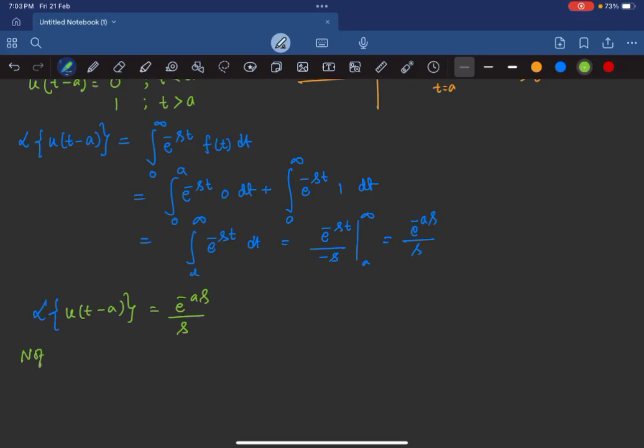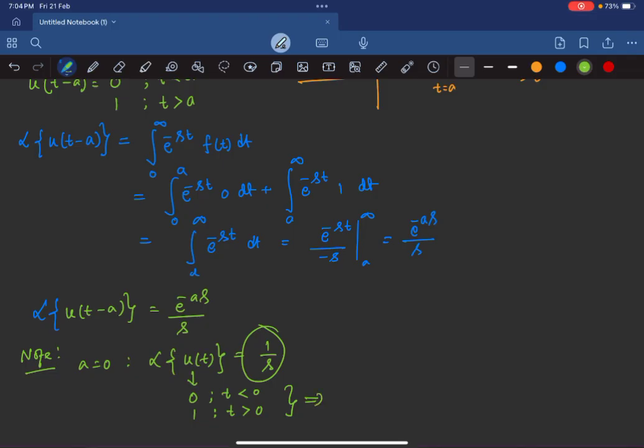Now note one thing: if a is equal to 0, then the Laplace of u(t) is nothing but 1 by s. This u(t) is 0 when t is less than 0 and 1 when t is greater than 0.